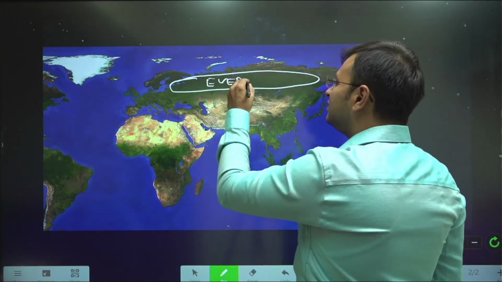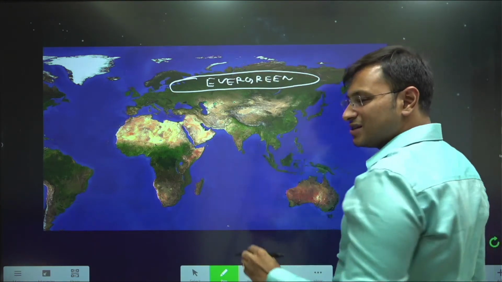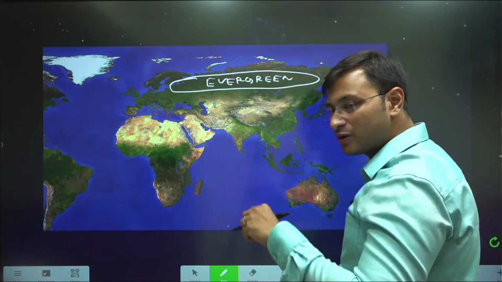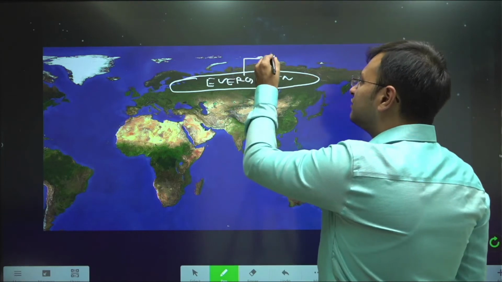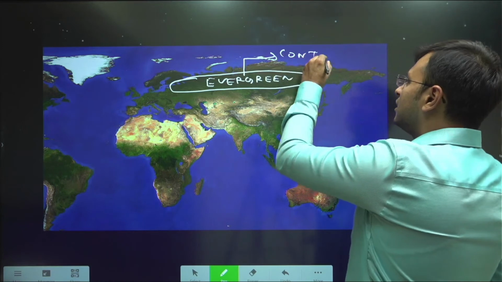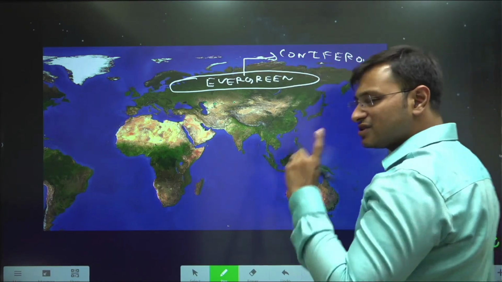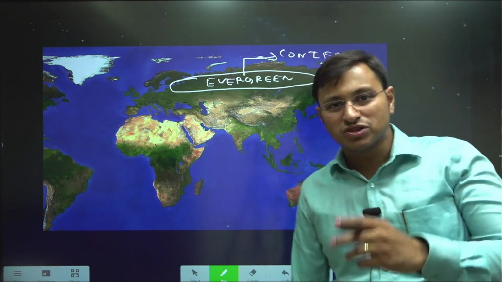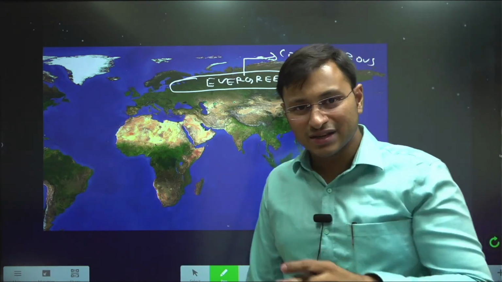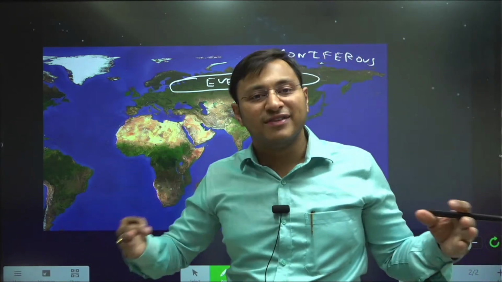It will be green throughout the year, but this vegetation is not the same as the equatorial regions. Why? Because here you will have coniferous trees. In general, as we move from the equator towards the poles, the temperature will decrease because of latitudinal zonation of temperature, and hence you will have predominantly coniferous trees.